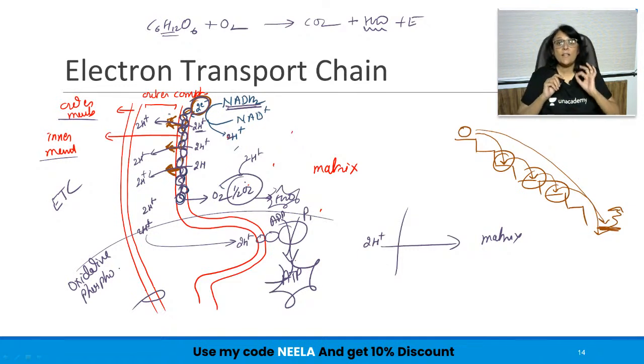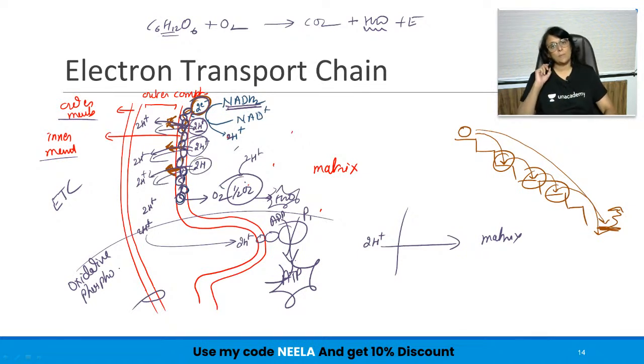And at 3 places, it releases energy. One place energy released, a pair of protons from the matrix is pumped into the outer compartment. Second time energy released, a pair of protons pumped in. Third time energy released, a pair of protons pumped in.